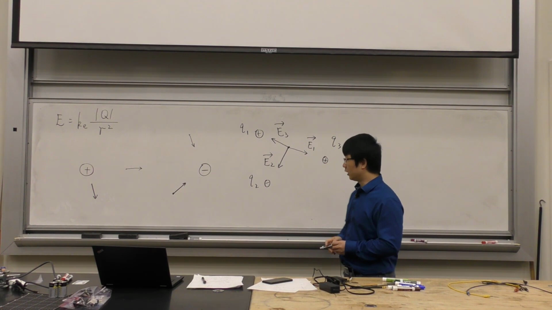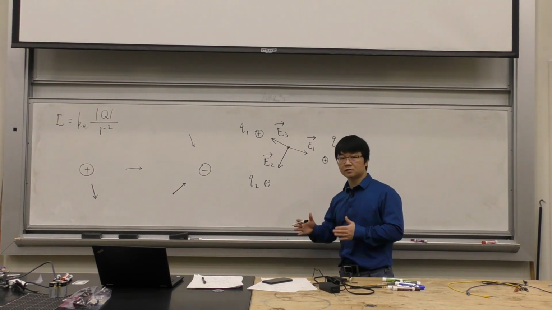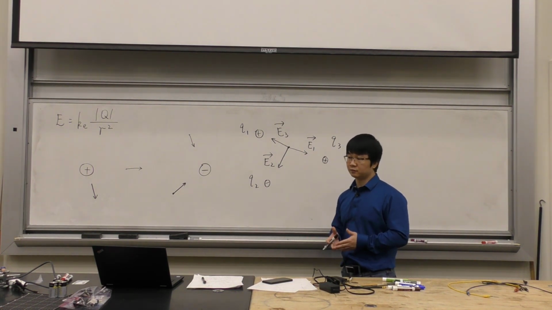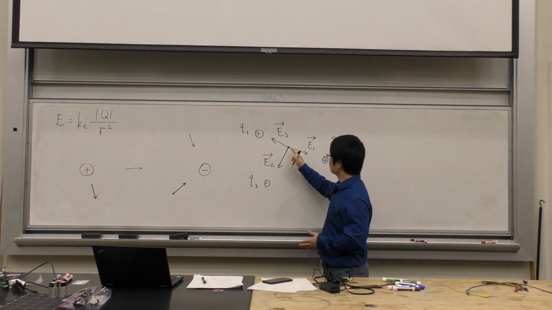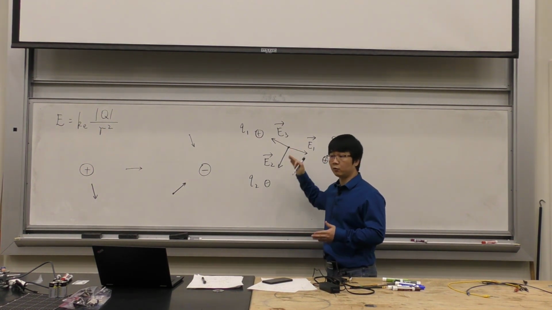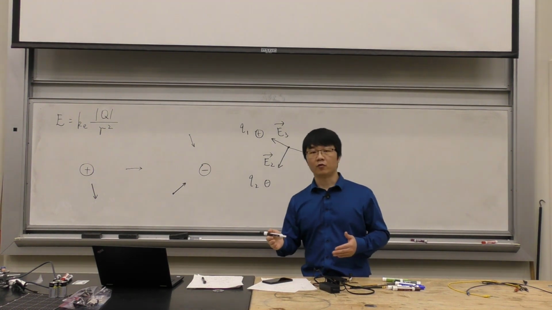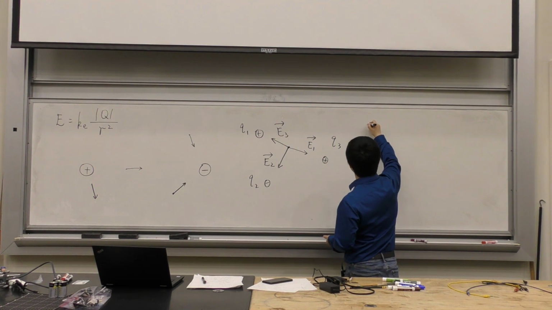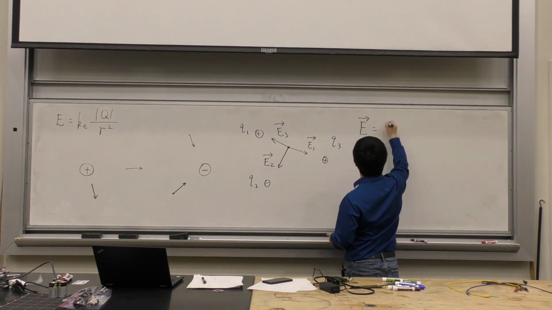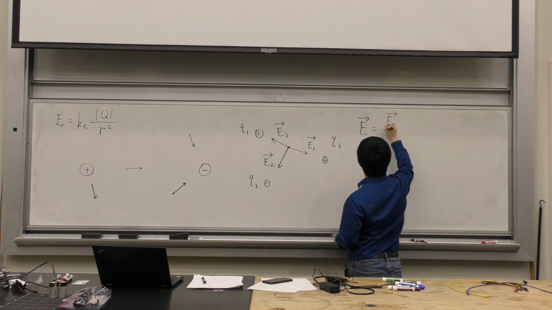So as I said, once you have done this, this is the hard part. Once you have done this, then if I place any test charge at this point and I want you to find the electric force on that test charge, that's going to be easy. I'm just going to rearrange the definition of the electric field. This is the definition of electric field.